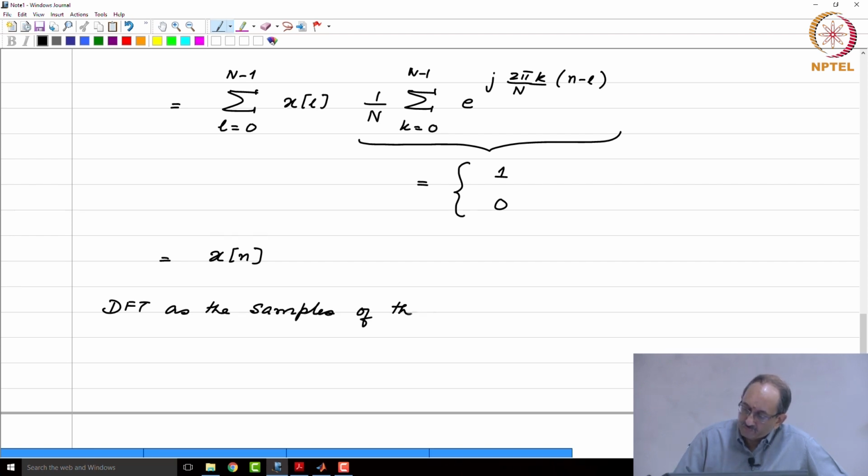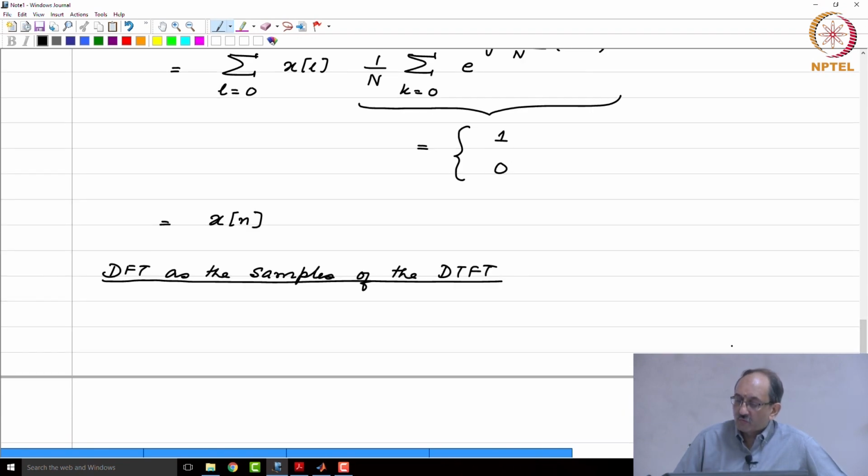Now, we can think of the DFT as the samples of the DTFT. For this, we make the assumption that the data are 0 outside 0 to N minus 1.